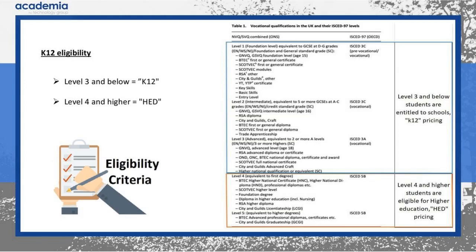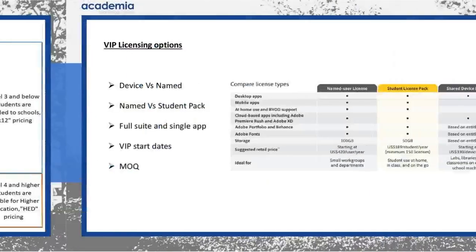If the students are doing degrees or BTEC, HNCs, HNDs, these are deemed level 4, or potentially doing something in level 5, and they are subject to higher educational pricing. So again, good for you to understand where your student population fits. And if you're in a scenario where you may have a mix of both, do not worry, that's absolutely fine. We are fundamentally licensing students, and we can have a mixed licensing model for your estate.